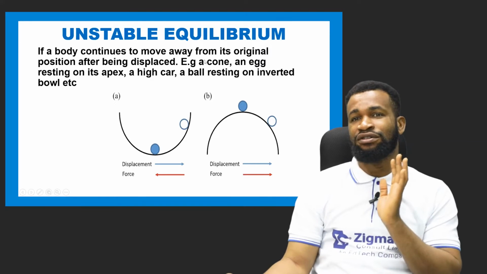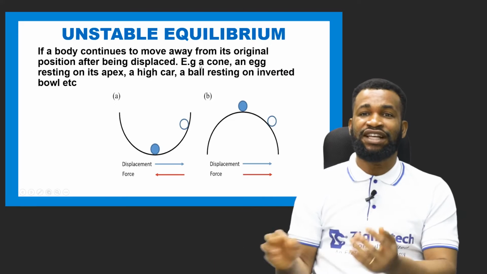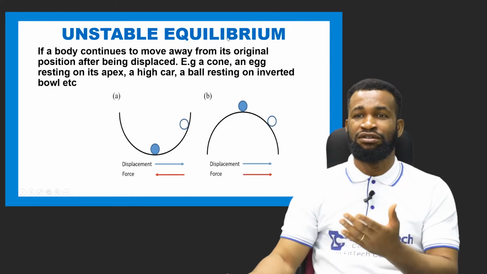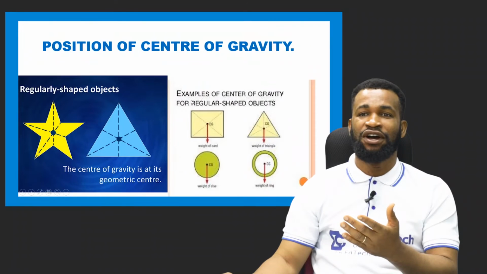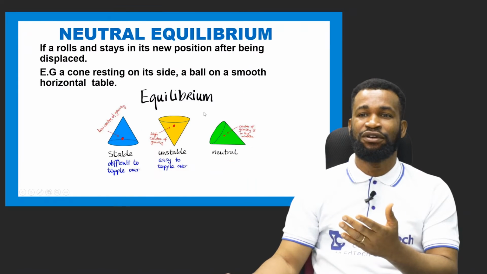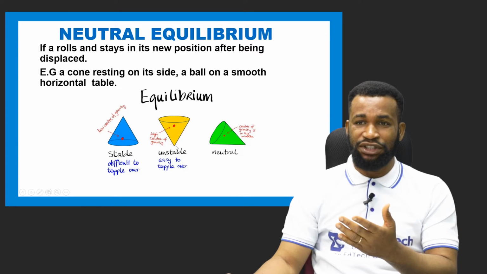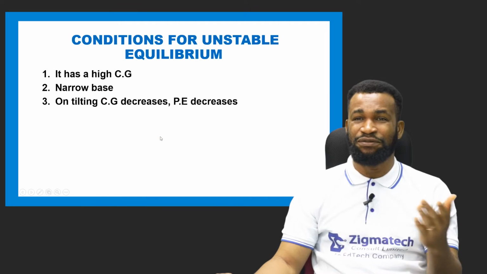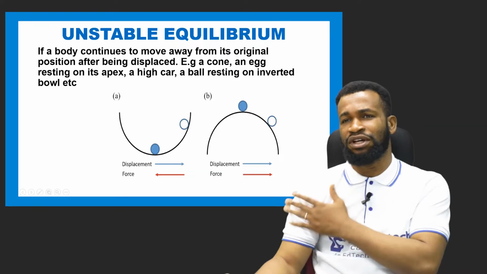Remember, when I say a cone, I have to say it very clearly: the cone must be standing by its tip. Let me look for a diagram that explains that. Okay, here, look at this cone. If the cone is standing at this point, look at the tip, the yellow one. When it is resting at that point, even if it's possible, I don't know if that is possible, that is when we say that there is an unstable equilibrium.